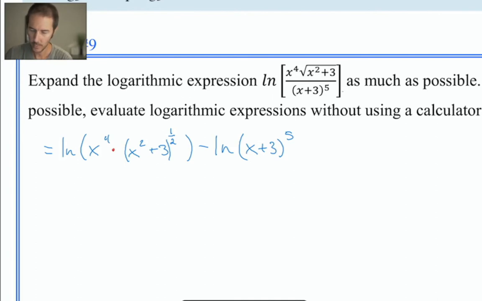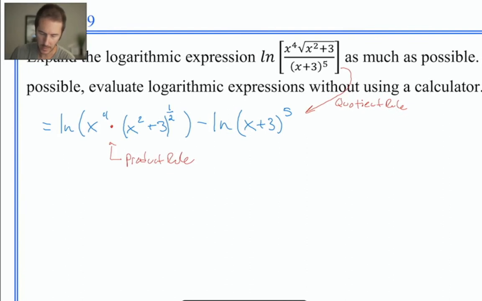So really, to go from our original expression to this one, we use the quotient rule. And then the next thing we're going to use is the product rule. And if you wanted to, you could write it like this. So that on the next line, we have equals the natural log of x to the fourth.